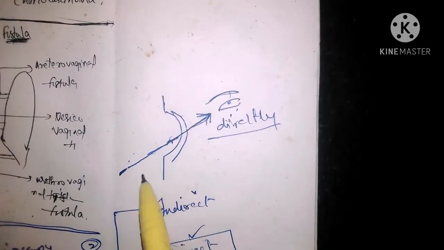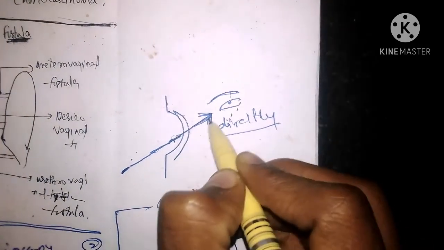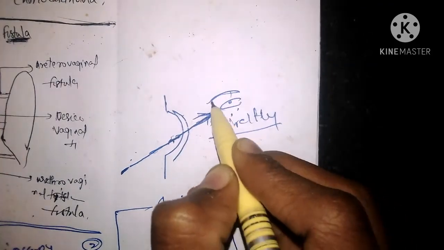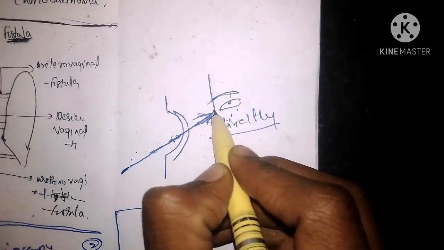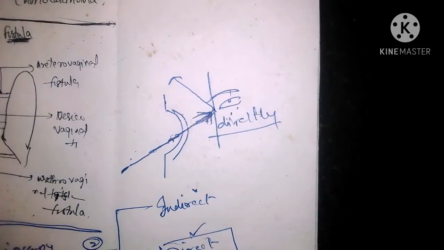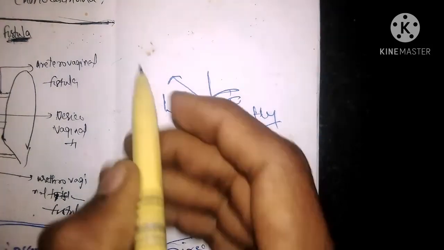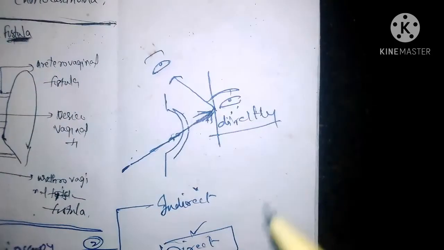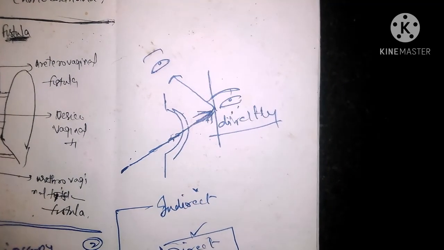If the ophthalmologist sees this light ray after it gets reflected from a mirror, then it is indirect gonioscopy.